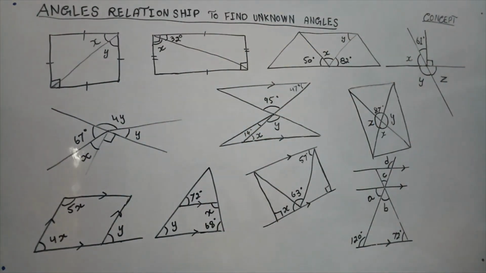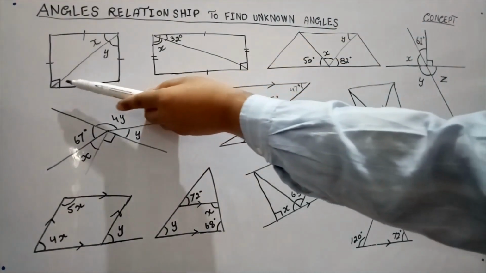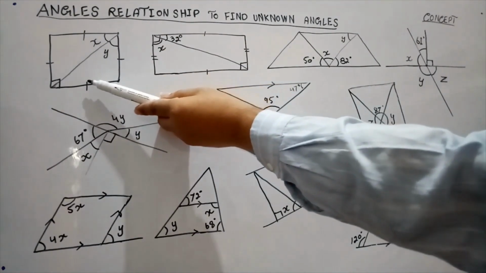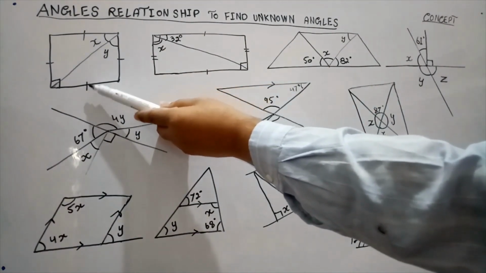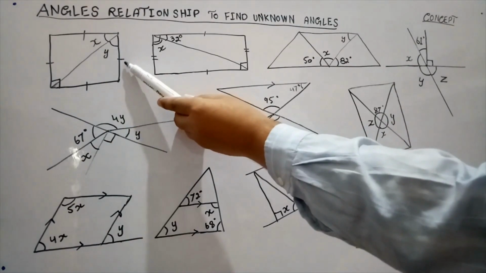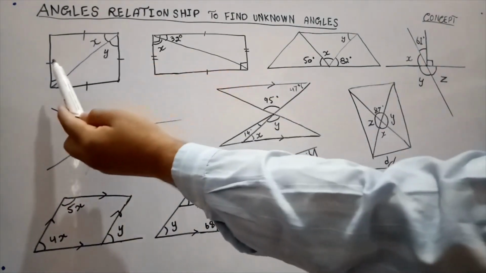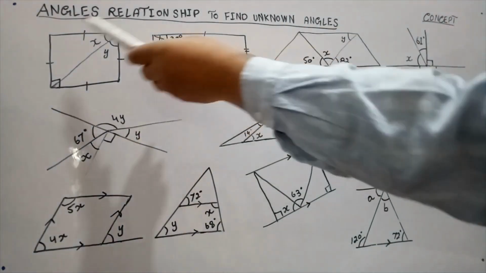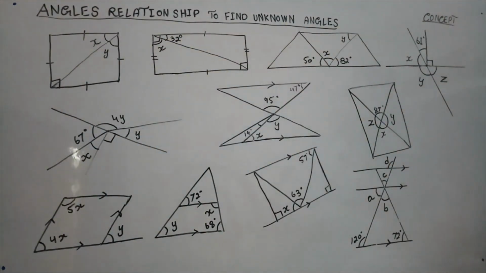Here it is said that this angle is 90 degrees, and also this line marking shows that these four sides are equal in length.